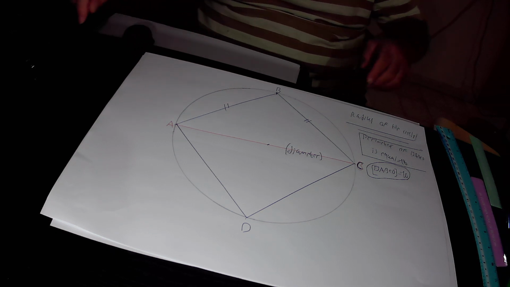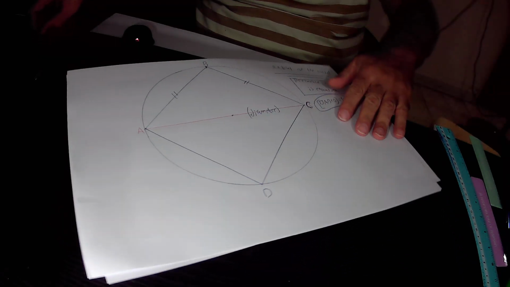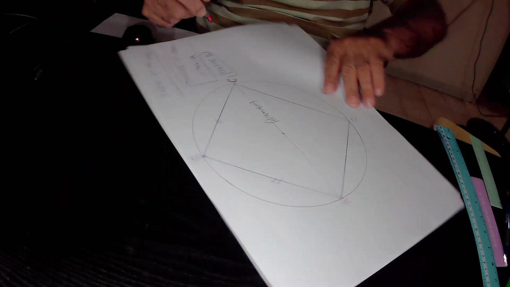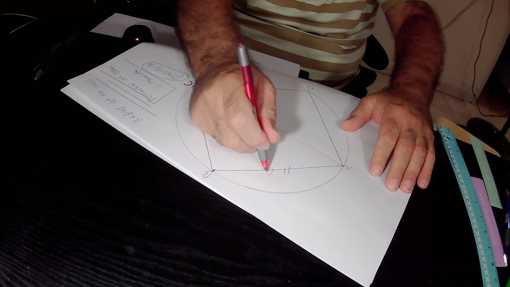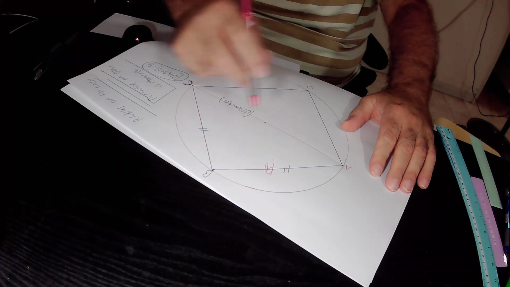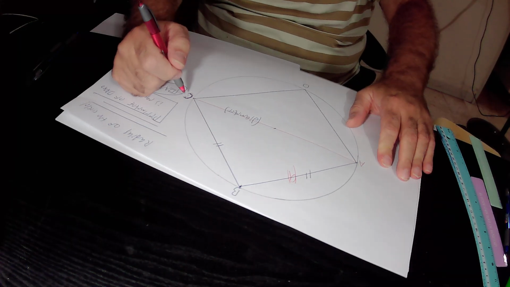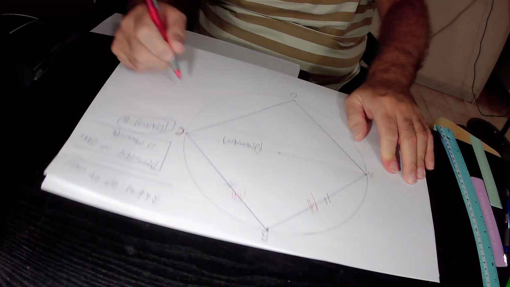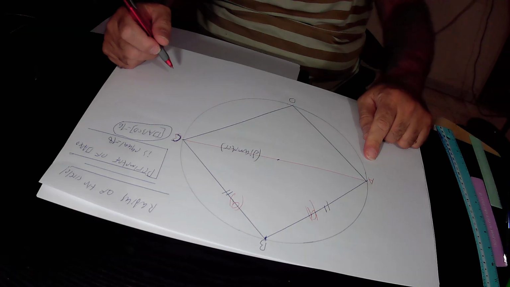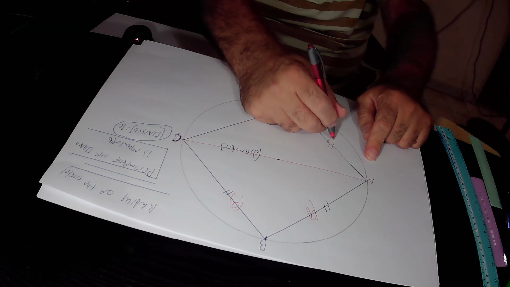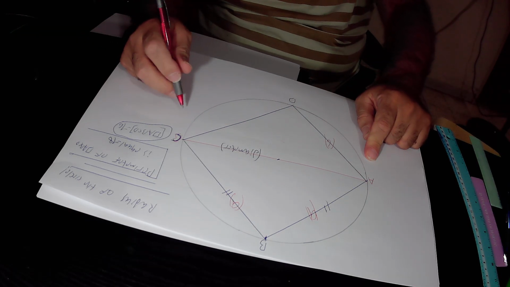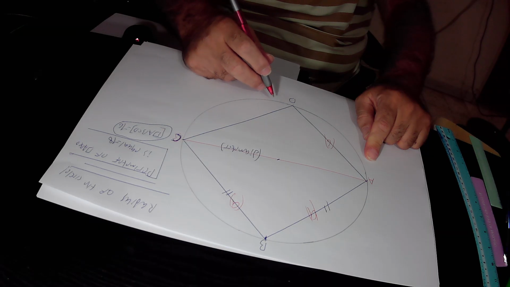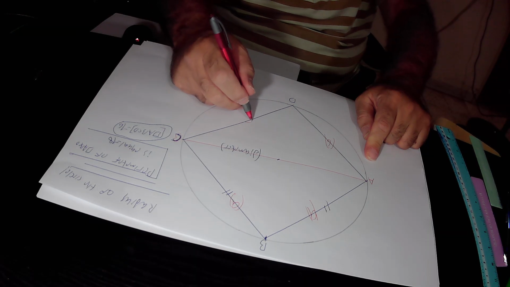This side is a. AB equals BC in its length, therefore BC must also be equal to a. We define the length of side AD as b. And finally, we define the length of side CD of quadrangle ABCD as c.